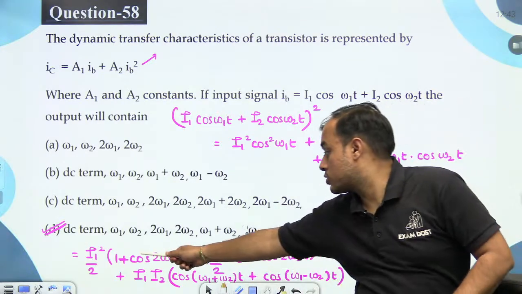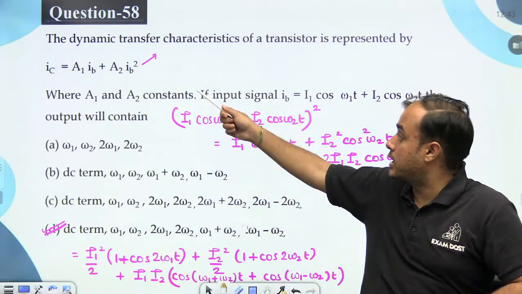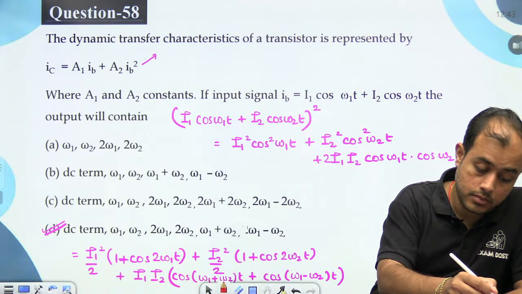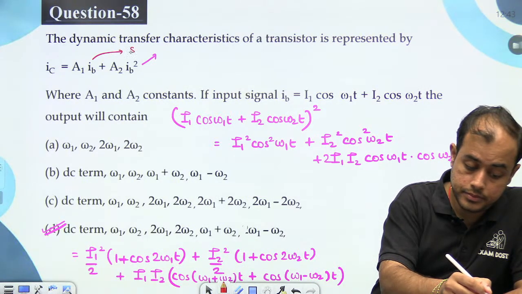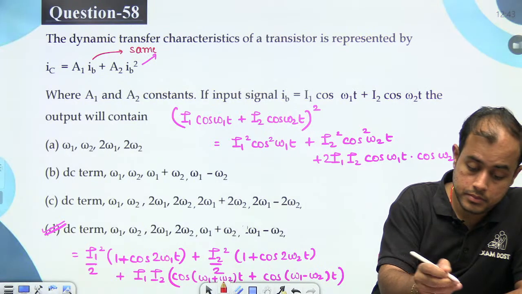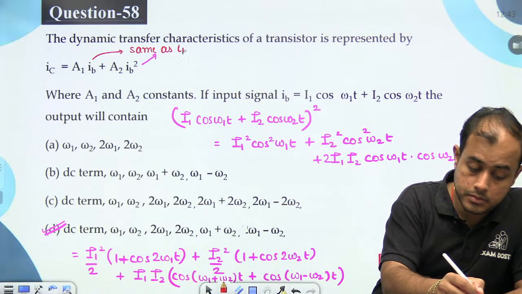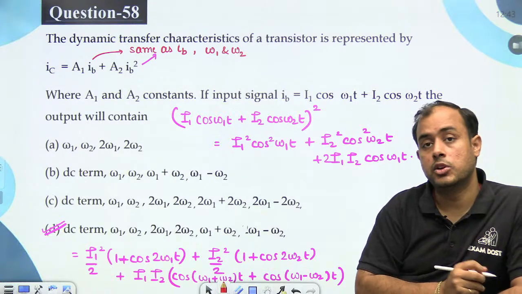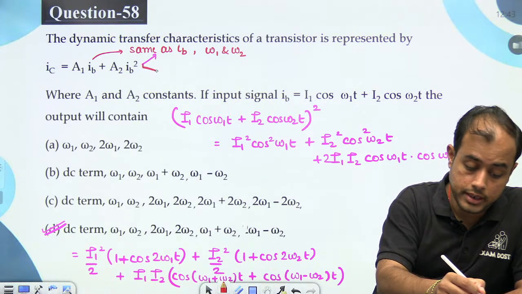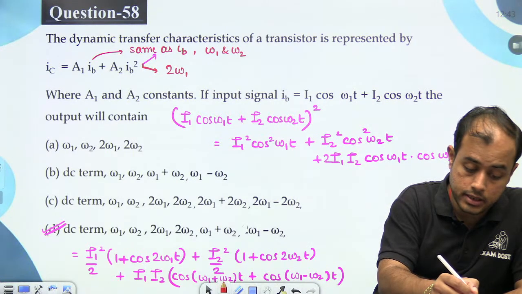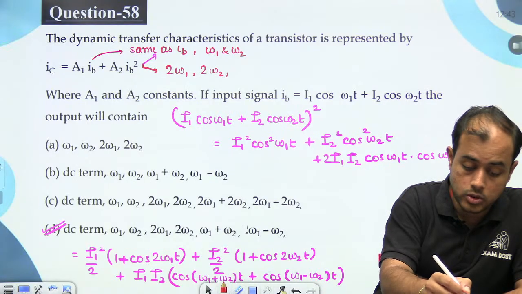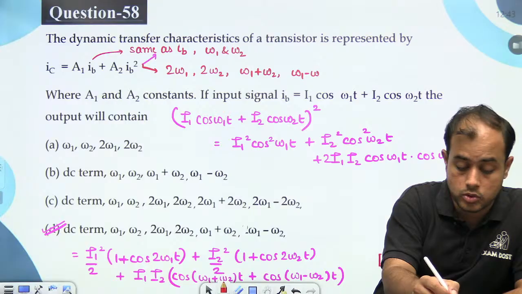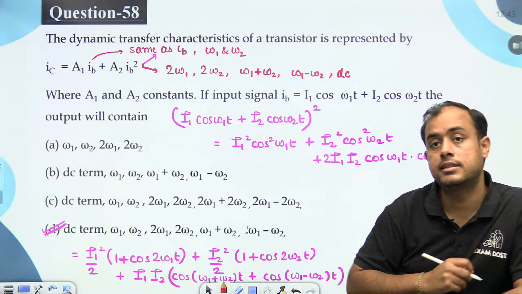DC because of this constant. Omega 1 and omega 2 because of this IB. ठीक है. ये IB वाले की वजह से ओमेगा 1 ओमेगा 2 आएगा और इसकी वजह से 2 ओमेगा 1, 2 ओमेगा 2, ओमेगा 1 प्लस ओमेगा 2, ओमेगा 1 माइनस ओमेगा 2 और कांस्टेंट टर्म दैट इज DC.